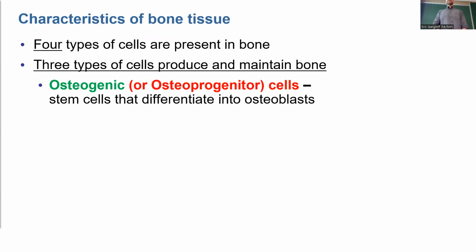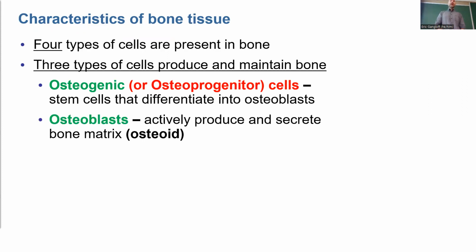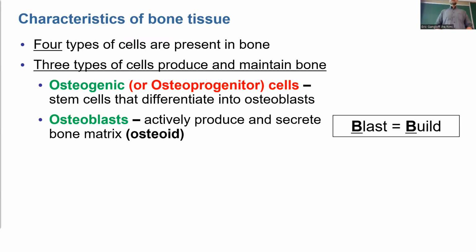These are like the baby osteoblasts. So the osteogenic cells develop into these osteoblasts, which produce and secrete this solid bone matrix. That's these mineral salts. Just as a mnemonic device, remember osteoblast, B for build, because they're building up the bone.